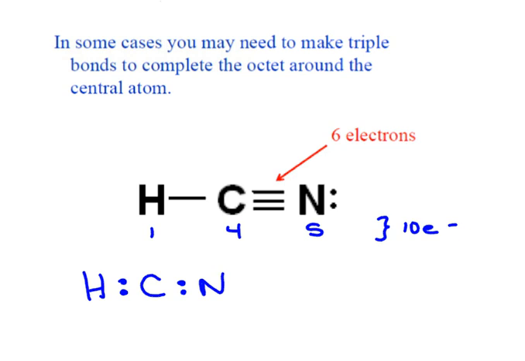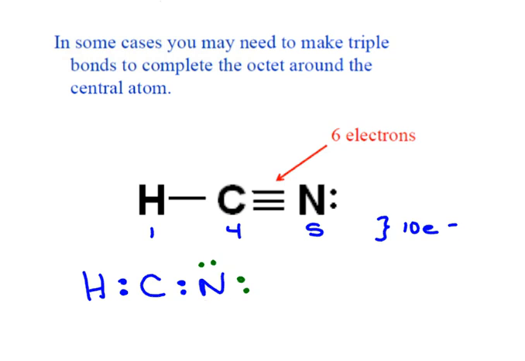Hydrogen's outer shell is full with 2. Nitrogen gets next dibs at the electrons, so I complete its octet by adding 6 more electrons. This now gives me a total of 10 electrons. But although nitrogen has 8 electrons surrounding it, carbon only has 4. So we have to start migrating.